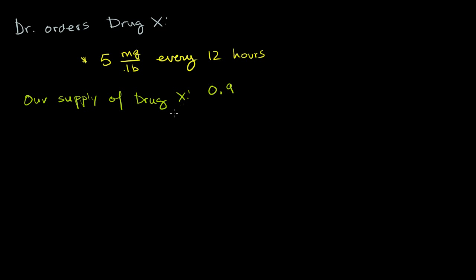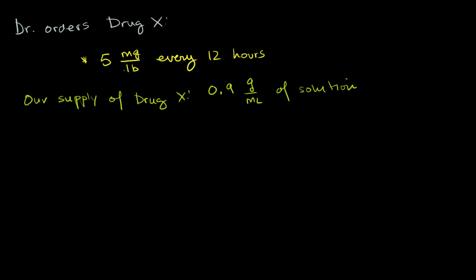I'll write a 0 in front. My wife, who is a doctor, says it's essential to write the 0 in front of the decimal. We have 0.9 grams per milliliter of solution. So if I were to take 1 milliliter out of my solution and give it to someone, I'm essentially giving them 0.9 grams of this drug.